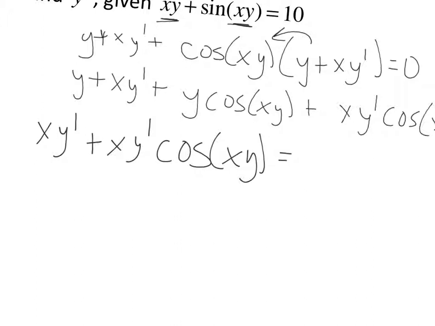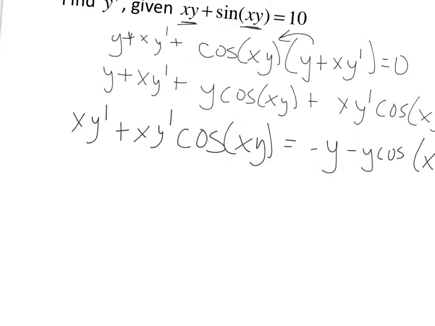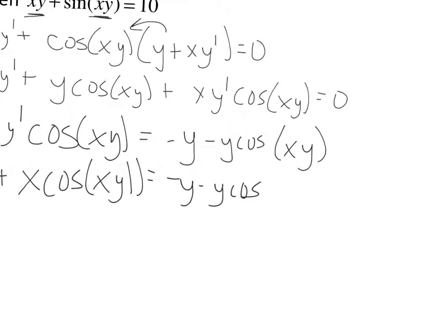So I've got negative y minus y cosine xy. On the left, I will factor out the y prime. So I have x plus x cosine xy equals negative y minus y cosine xy.